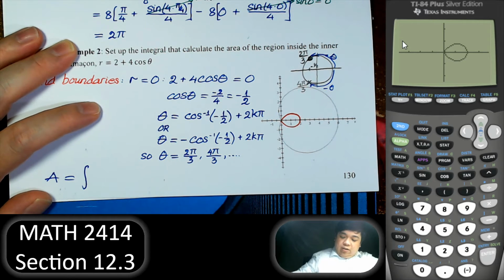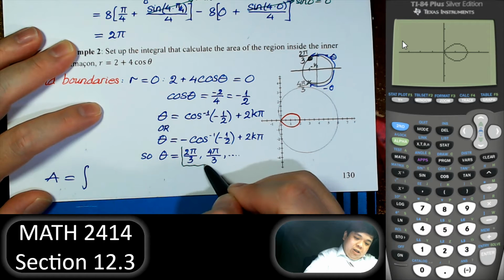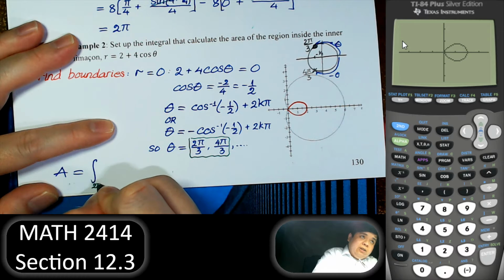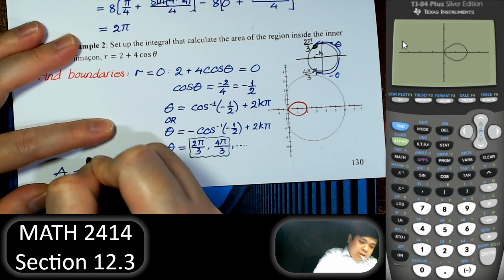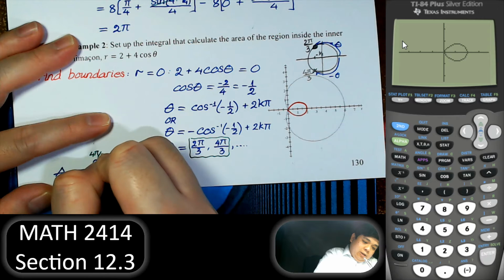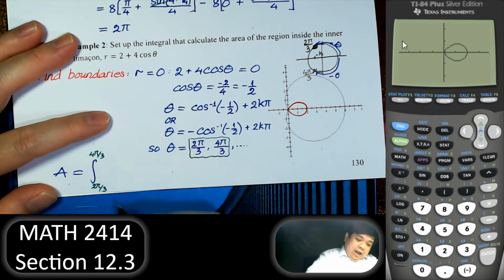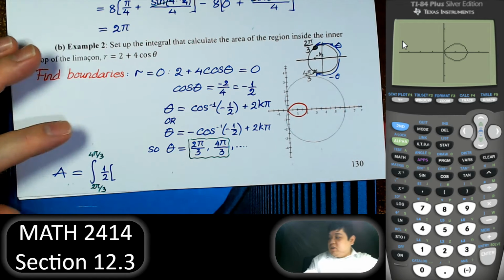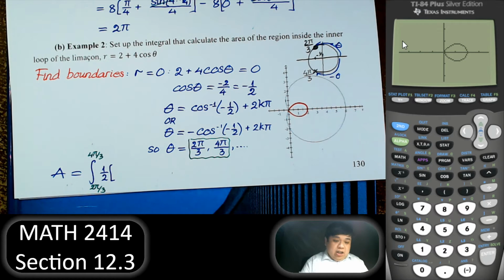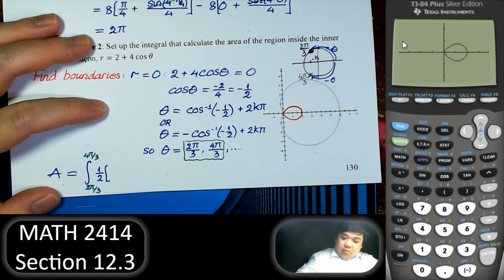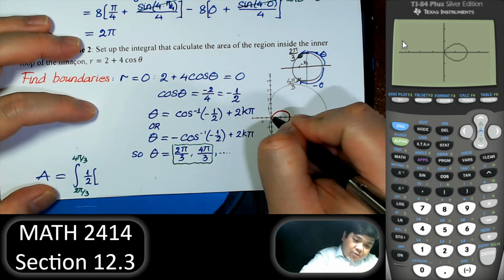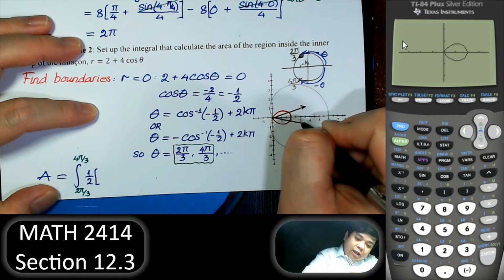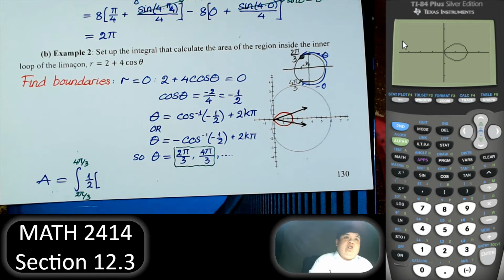So the area is equal to, we know the limits now are 2 pi over 3 and 4 pi over 3. And the formula is 1/2 the outer radius squared minus the inner radius squared. So the outer radius from the center, from the pole looking out, we don't see any function from the inside.